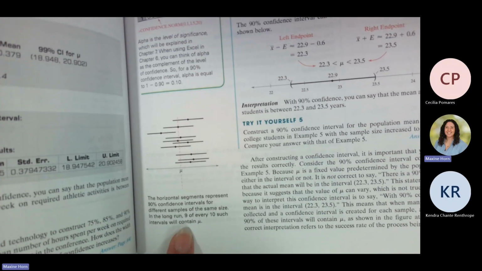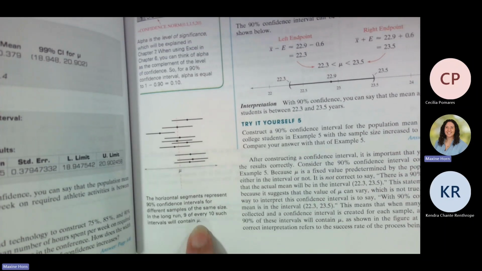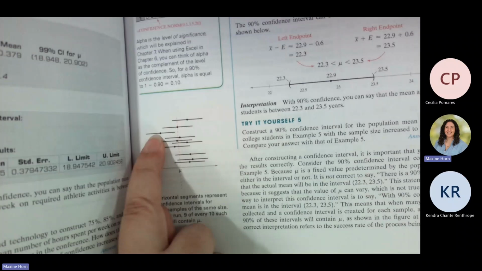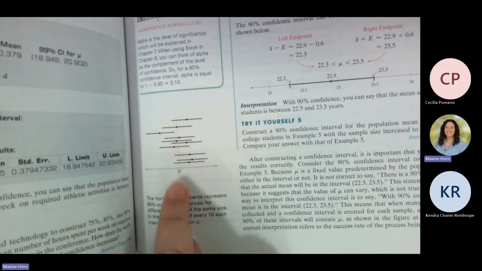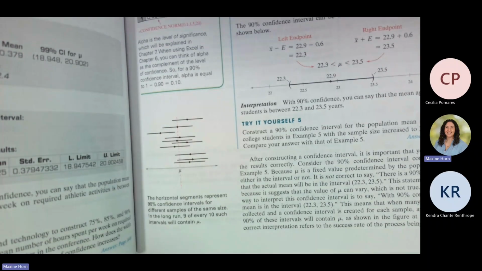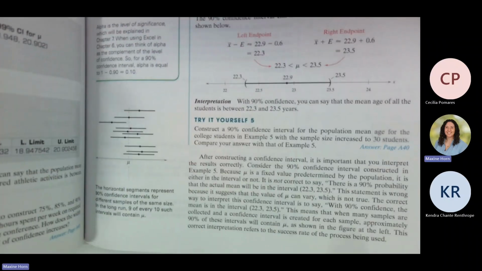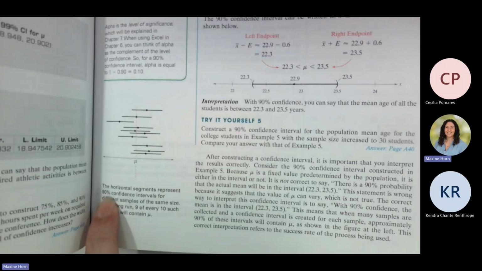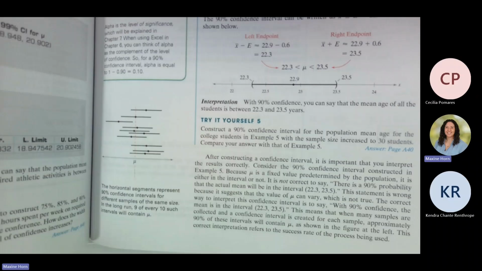In the long run, 9 out of every 10 such intervals will contain the population mean, right? So like this one doesn't contain it. The population mean is right here. So here are a bunch of different samples, and 9 out of 10 of them contain the mean. So when we're talking about finding confidence intervals, we're saying we can be 90% confident that the mean is going to be in the particular range that we found.